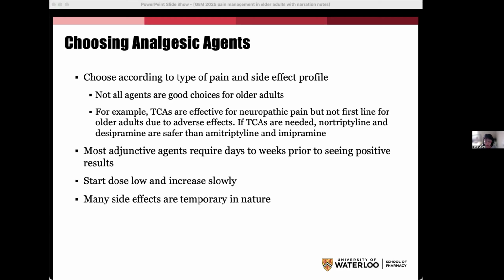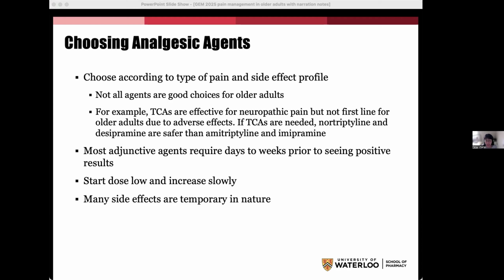A good example is tricyclic antidepressants like amitriptyline, for example, super effective for neuropathic pain, first line, excellent number needed to treat, but not first line for older adults because they're also strongly anticholinergic. So if you must use a TCA, then nortriptyline and desipramine are recommended actually precisely because they're less potent as anticholinergic medications. So it's a little bit counterintuitive in that sense.